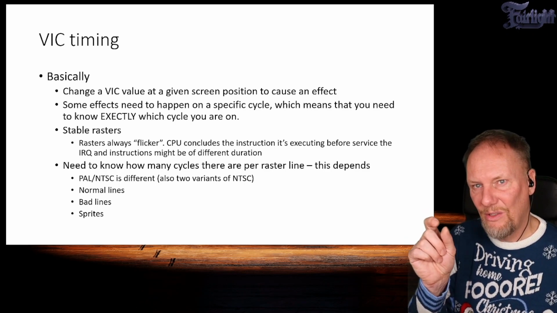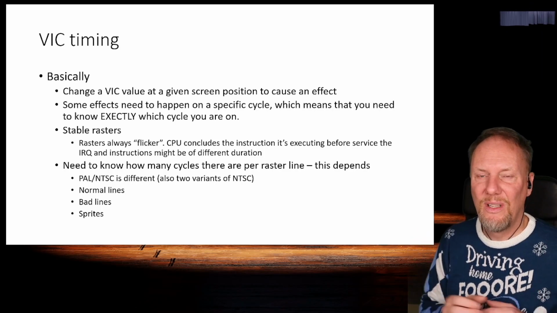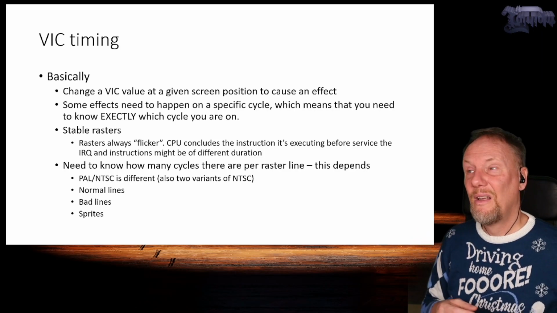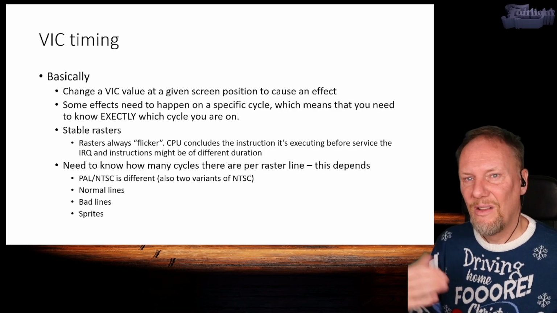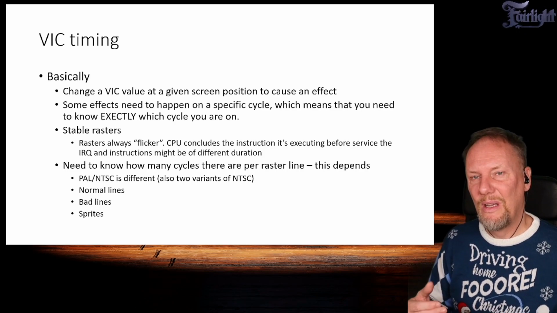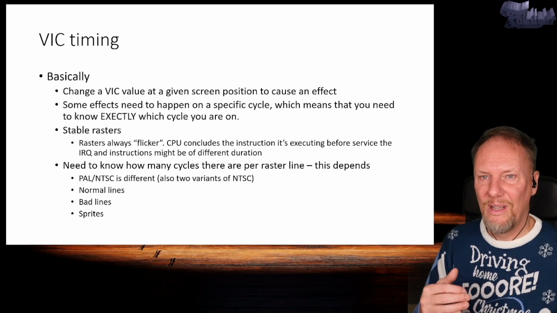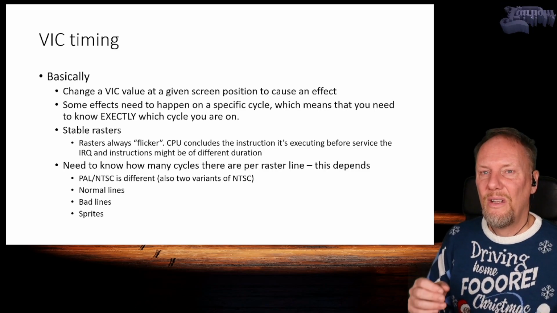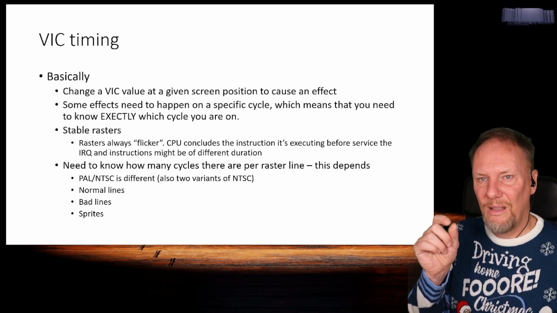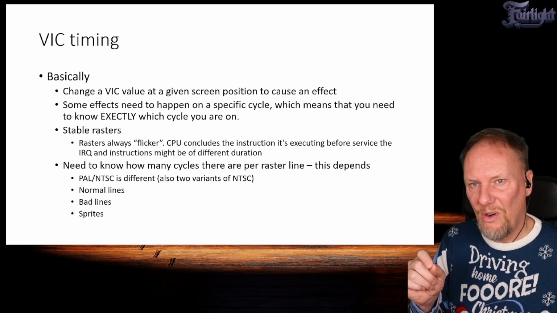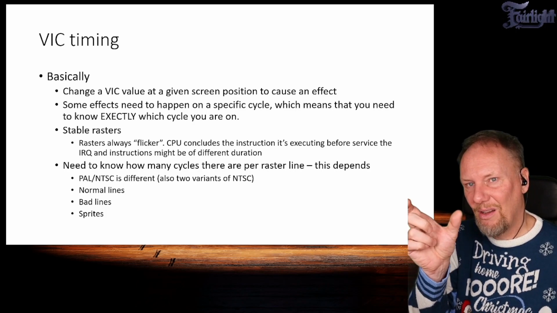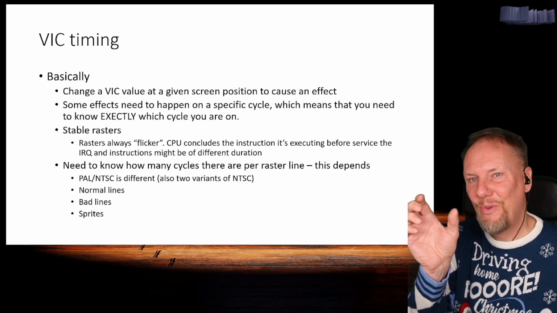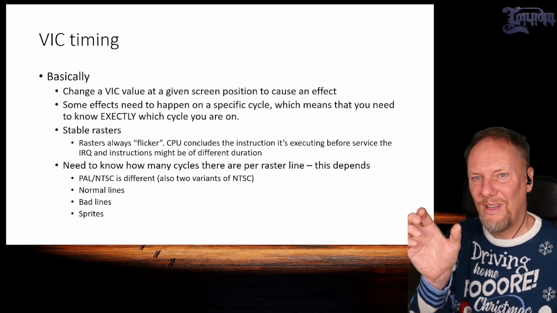A NOP would take 2 cycles, but you have instructions that take up to 6 cycles. And I think if you're also extending it across a page border, there could be a few instances where it's actually taking 7 cycles. So that means that the raster interrupt starts within a range of plus minus 5 cycles.